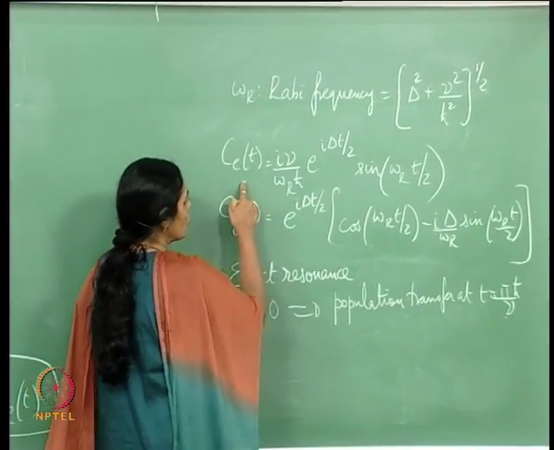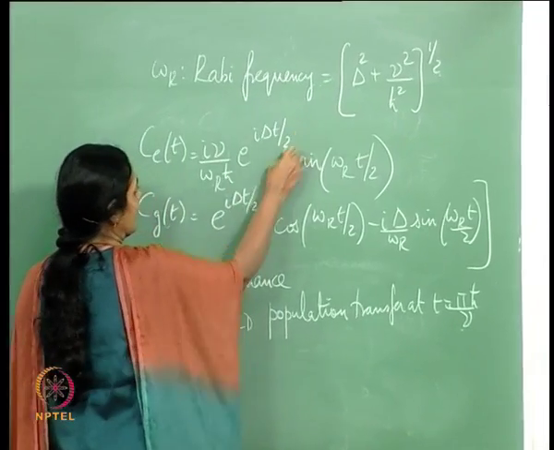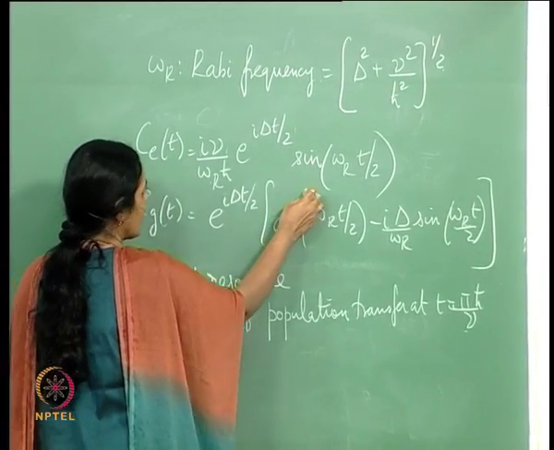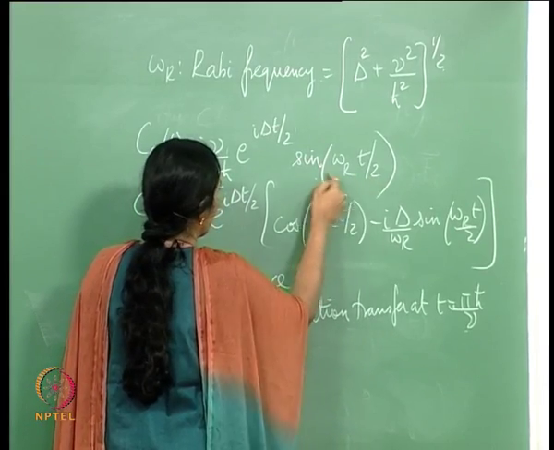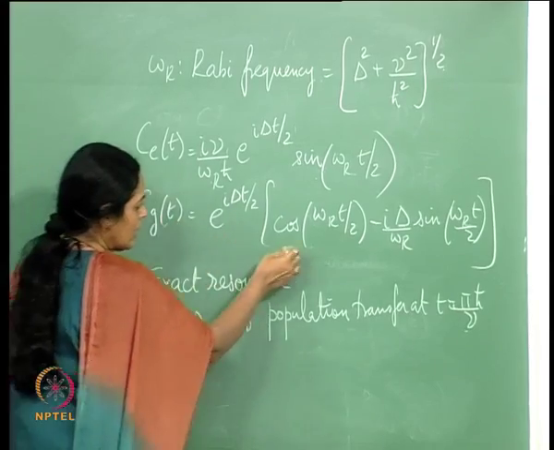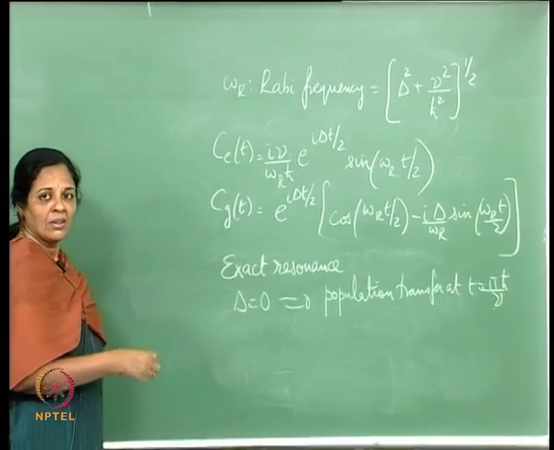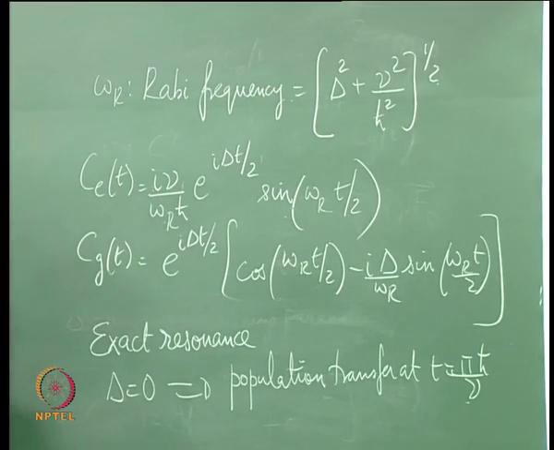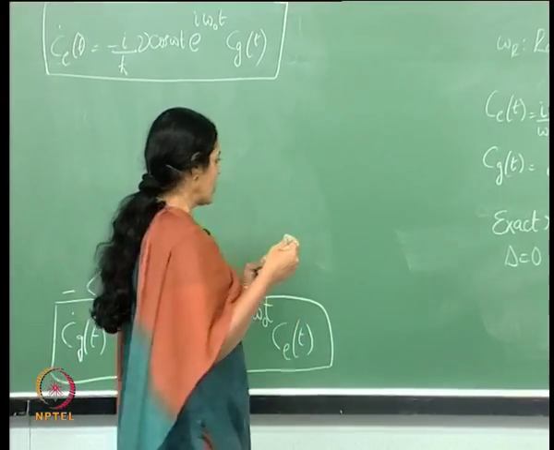The important thing to note here is this: apart from an e to the i delta t by 2, Ce of t depends on time as sine omega r t by 2, and Cg of t has a cos term and a sine term. Now, suppose the detuning parameter is 0, that means omega exactly matches omega naught.